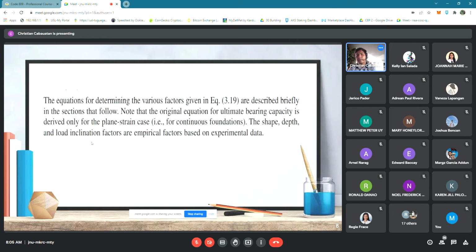The equations for determining the various factors given in that table or in that equation are described briefly in the section that follows. Note that the original equation for ultimate bearing capacity is derived only for the plane stress case, or for example, for continuous foundations. So the shape, depth, and load inclination factors are empirical factors based on experimental data.